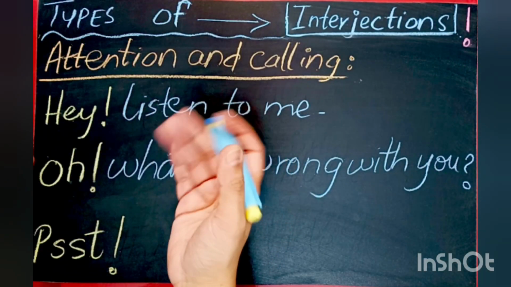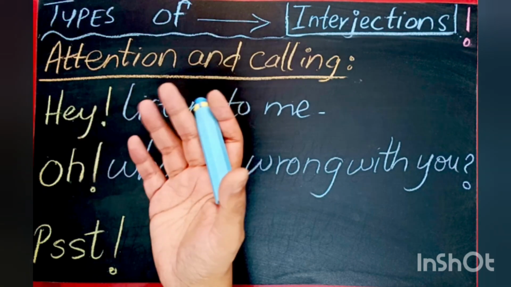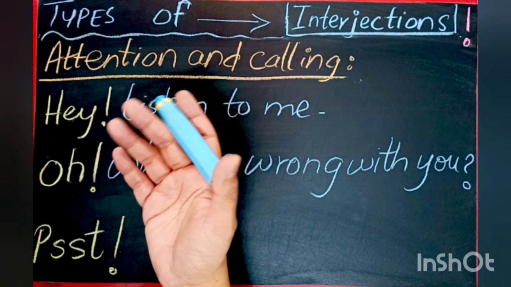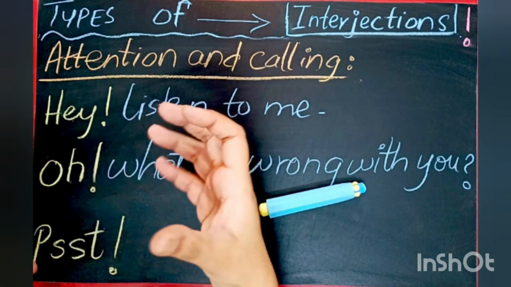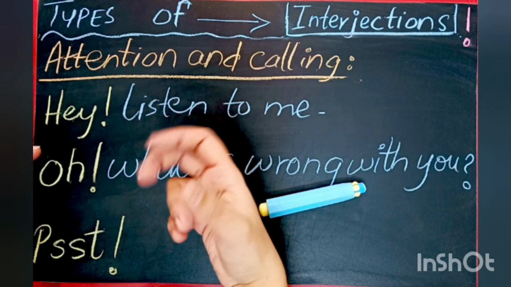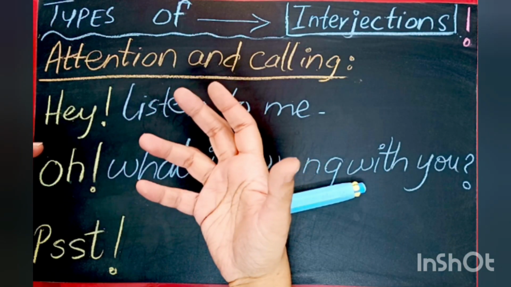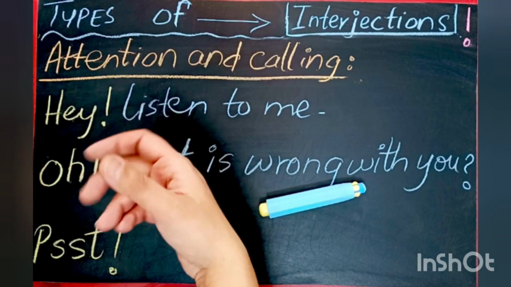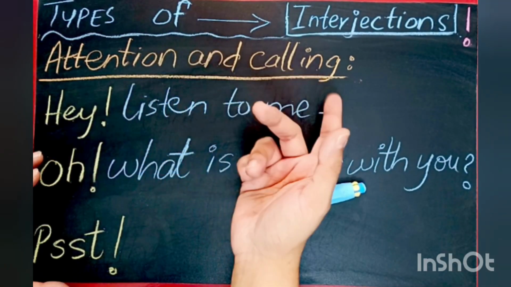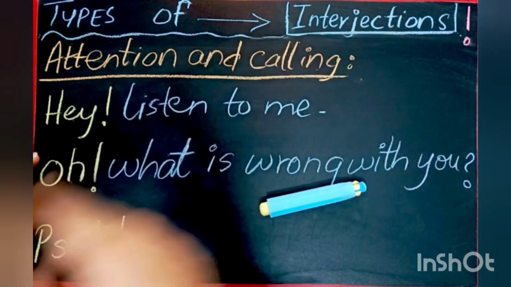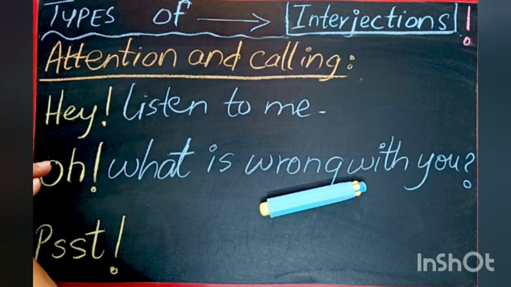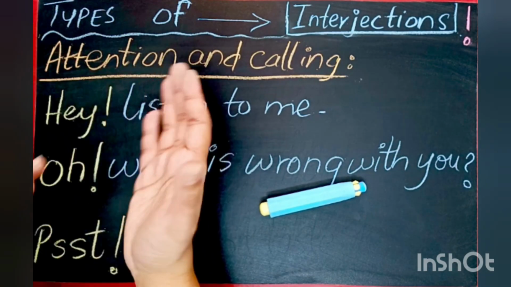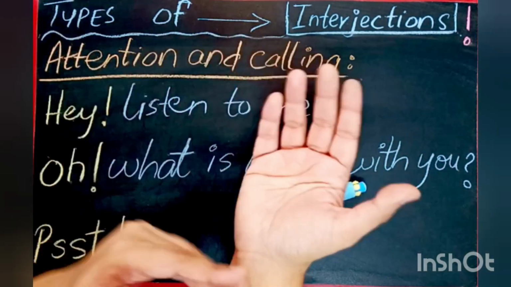As I have already said, wow, oh, and ah are the most commonly used interjections for expressing different types of emotions, be them negative or positive.